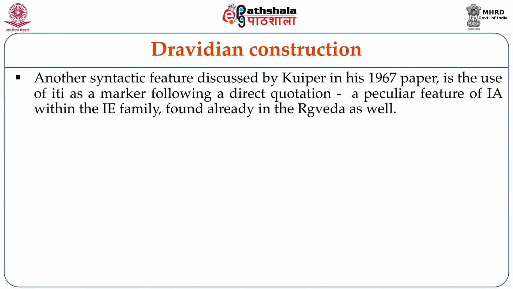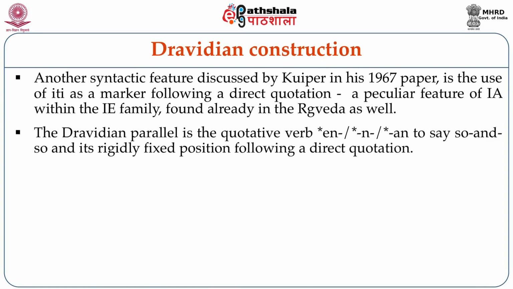Another syntactic feature discussed by Kuiper in his 1967 paper is the use of iti as a marker following a direct quotation, a peculiar feature of Indo-Aryan within the Indo-European family found already in the Rig Veda as well. The Dravidian parallel is the quotative verb en or on, to say so, and its rigidly fixed position following a direct quotation.